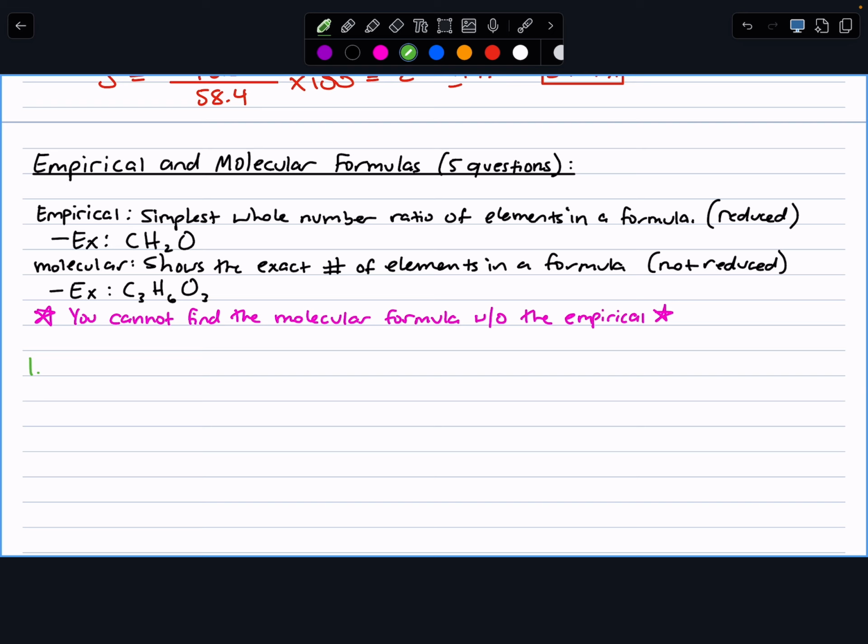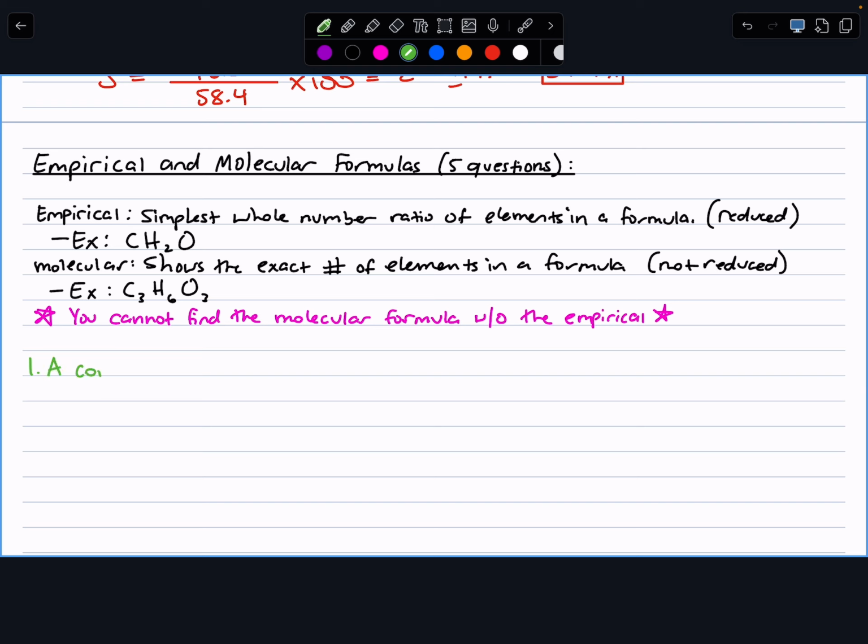Okay, the questions for this on the quiz will be worded like this. So this one I actually have to look up an example. I can't think of the numbers off the top of my head because they have to add up to 100. So one second. Okay, here we go.